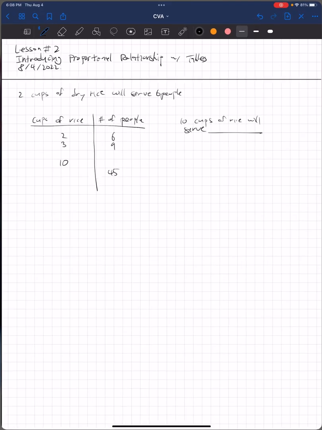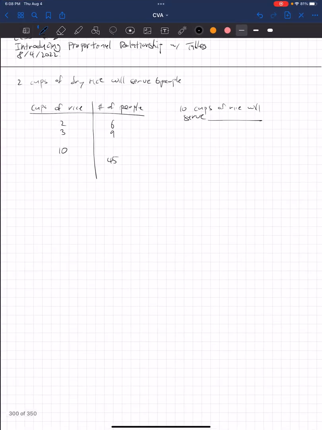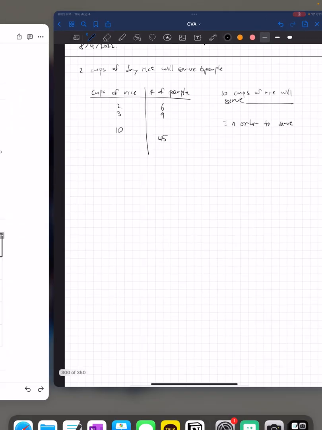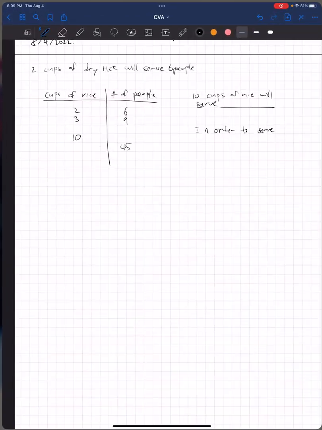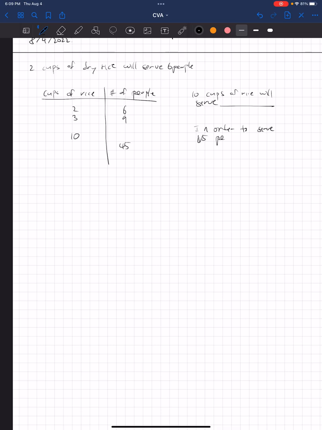So I can write, in order to serve 45 people, you need blank number of cups of rice.